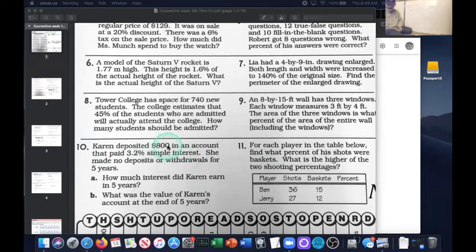So basically, we want the amount that we're going to get every year for interest, and then we're going to multiply by 5. Okay, and that'll give us A. And then B, we're going to add what we get for A to the $800 to see what we have. Okay, and that's called simple interest.